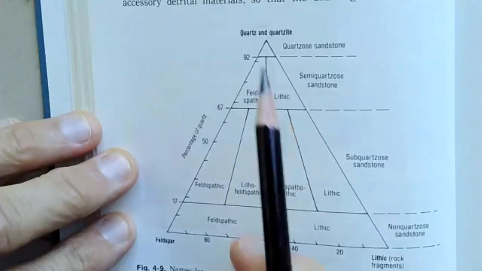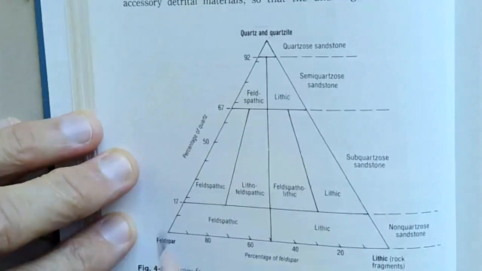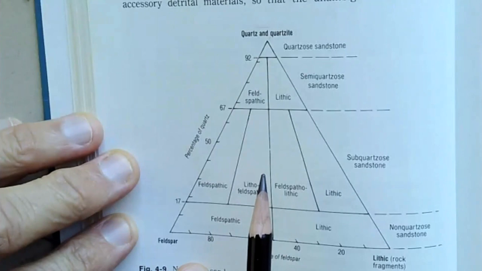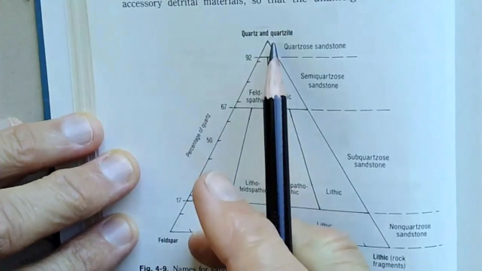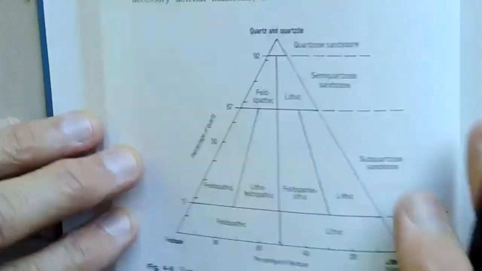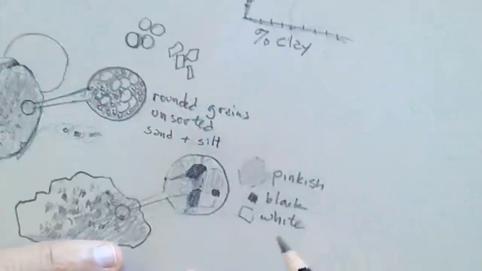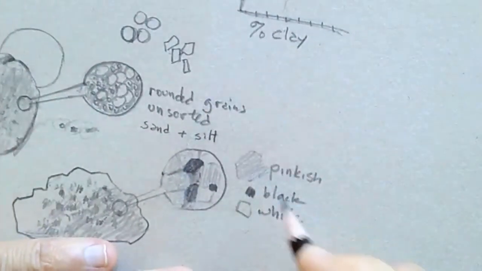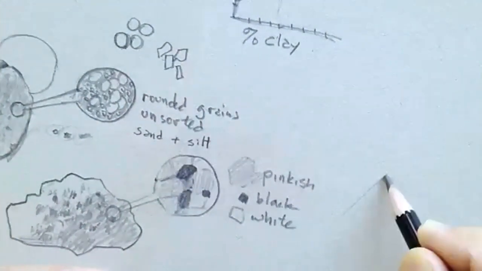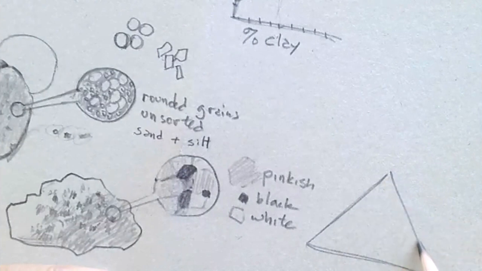Let's say you don't know how to identify feldspar from quartz. Don't worry about that right now. Let's just say that we've got these 3 different minerals. What if for this rock, let's say you've got your pinkish one, you have your black one, and your white one. You could make yourself a little triangle like this.